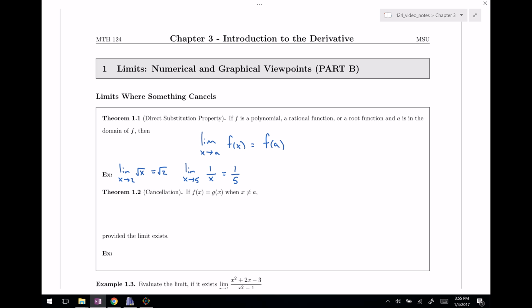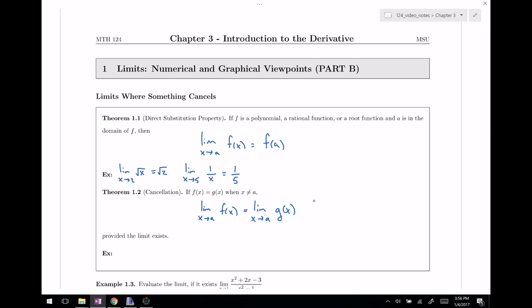The second really useful property says that if f and g are equal most of the time, essentially whenever x is not equal to a, then the claim is the limit as x goes to a of f of x will be the same as the limit as x goes to a of g of x. And so this is a fairly complicated statement, right? What does this actually mean?